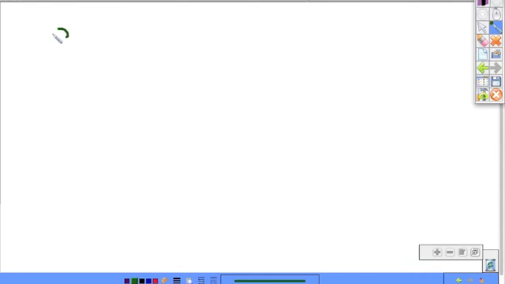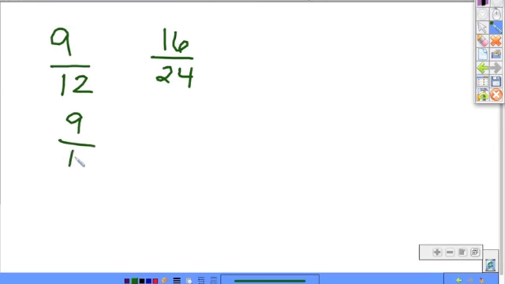Let's try this. What if I had 9/12 and then I had 16/24? Okay? Take your first fraction, 9/12, and let's reduce it. Okay? 3 goes into both of these numbers. So divide by 3, and I wind up with 3/4. Okay?